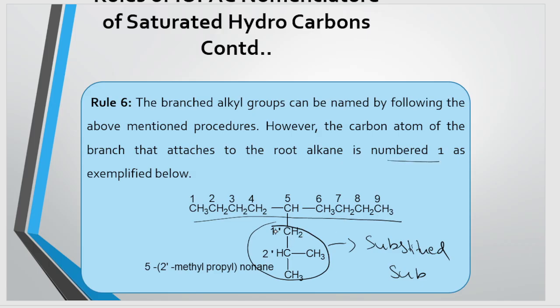Okay, anyhow, let us say it is 1 dash, 2 dash and 3 dash. There are 3 carbon atoms and hence propyl will come. On the second carbon atom methyl is there, hence 2 dash methyl, and this whole substituent is on the fifth carbon and hence 5-(2-methylpropyl)nonane. Okay, this is how to name the branched alkyl group if it is attached to the parent chain.